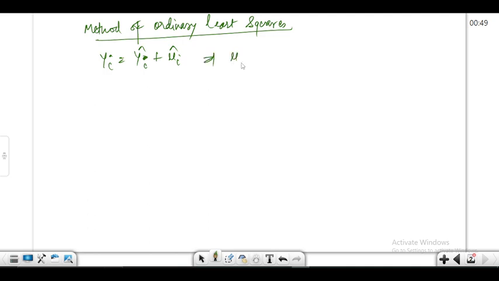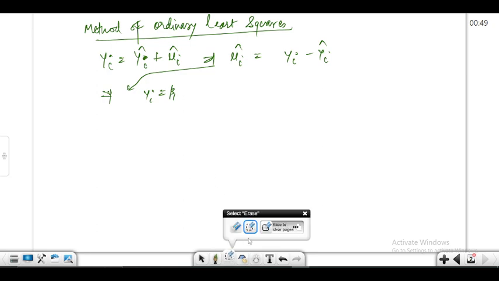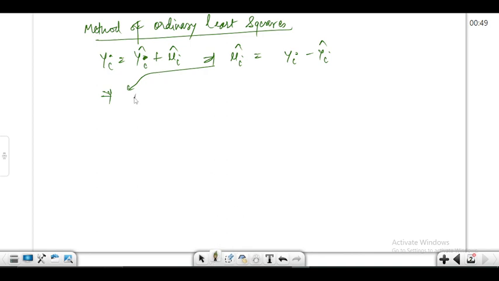So ui hat is equal to yi minus yi hat, which can be written as yi minus (beta 1 hat plus beta 2 hat xi).